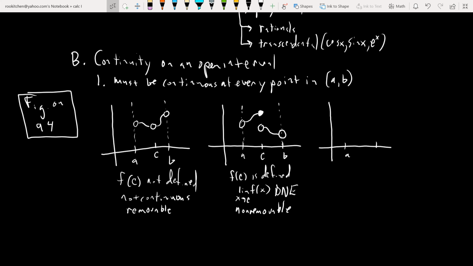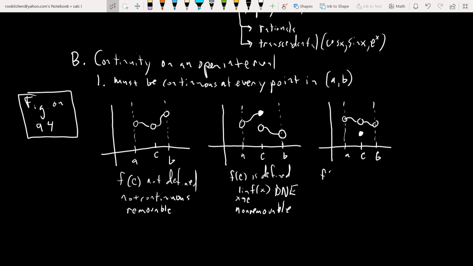So here's a and here's b, and then c somewhere in between. It's similar to the first picture, except they're actually defining f of c to be below what you would think it would be.